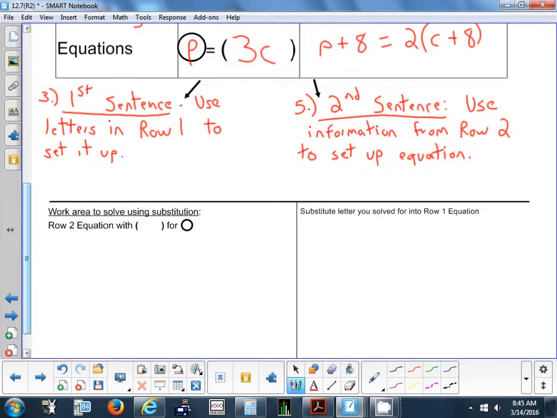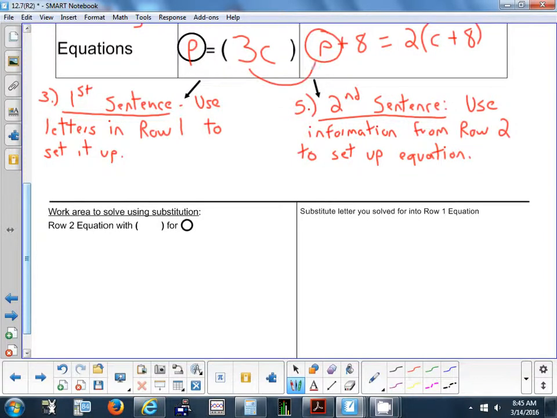I'm going to do all my work to this equation right here. I don't want 2 variables. I only want 1. So what variable am I substituting for? P, right? I'm substituting for P in this problem. Here's P. What's P becoming? 3C.